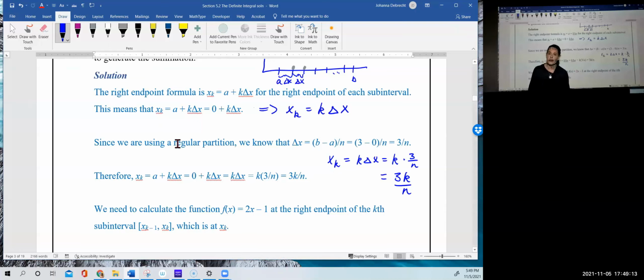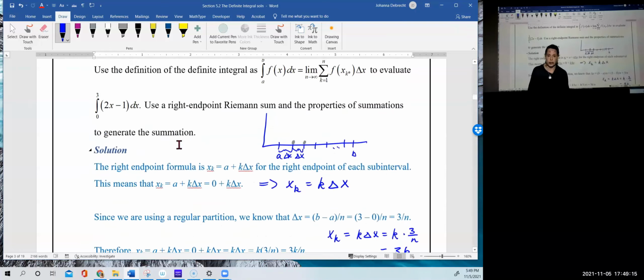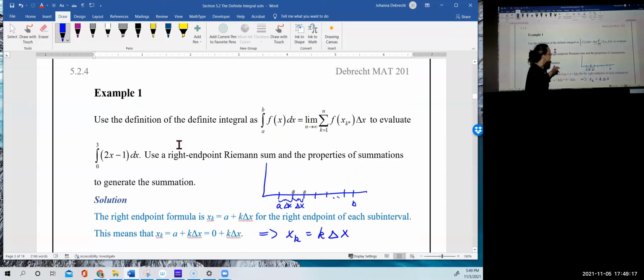Now we need to calculate the function at the right endpoint, because remember from our formula up here, what we're doing is we're taking the function and we're substituting in this special place called x sub k star into the function. The special place is for us typically either the left endpoint all the time, or the right endpoint all the time, or the midpoint all the time.